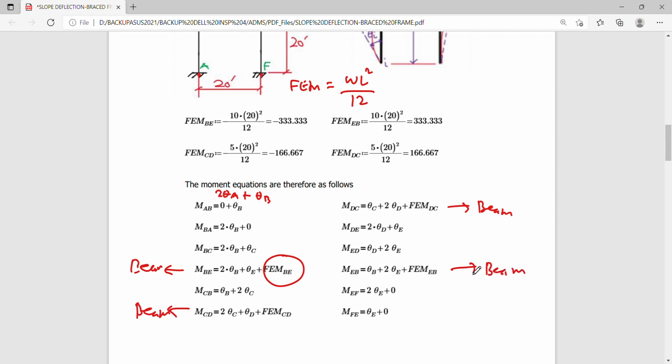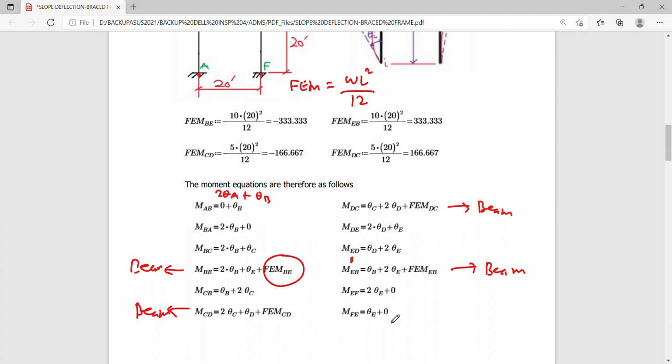Okay, so if you want to do it manually, it's very easy. You just make use of 2 theta D theta C, 2 theta D theta E, okay, 2 theta E theta D. So the first subscript is always the one multiplied by the coefficient of 2. And the only difference again for the beam is that you add a fixed end moment. Okay, so this becomes a 2 theta E theta B, 2 theta E plus 0 because theta F is 0.